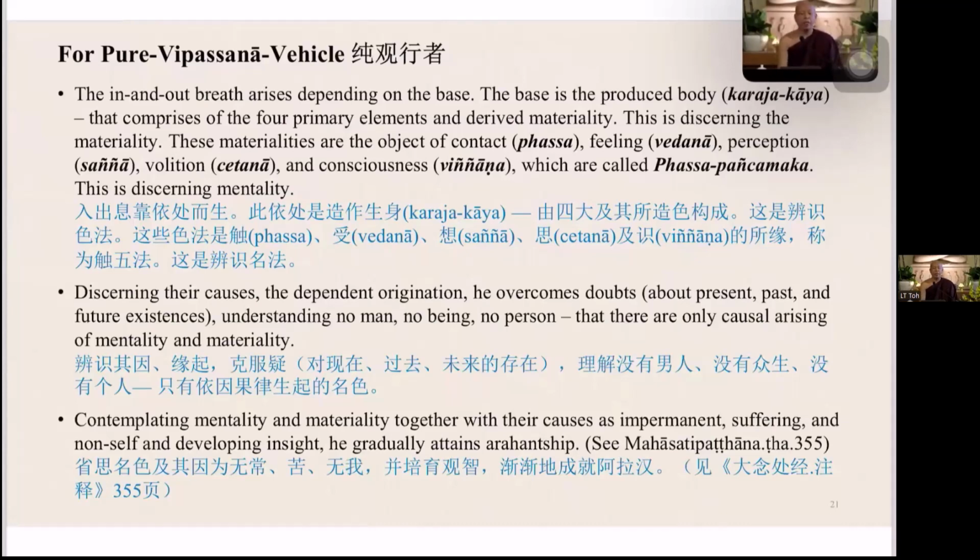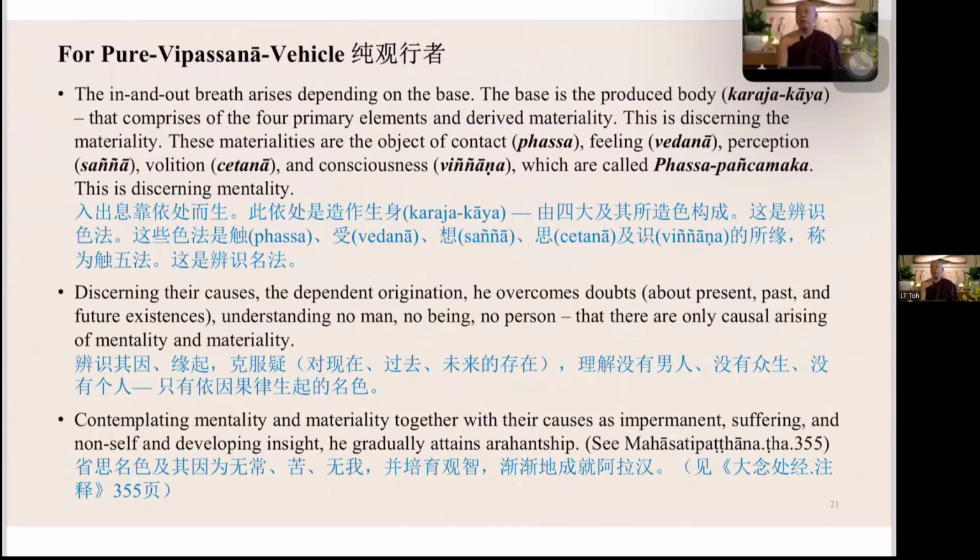Then again, discerning their causes, the dependent origination, he can overcome the doubts about the present, past, future existences. Understanding no man, no being, no person. There are only causes arising of mentalities and materialities.